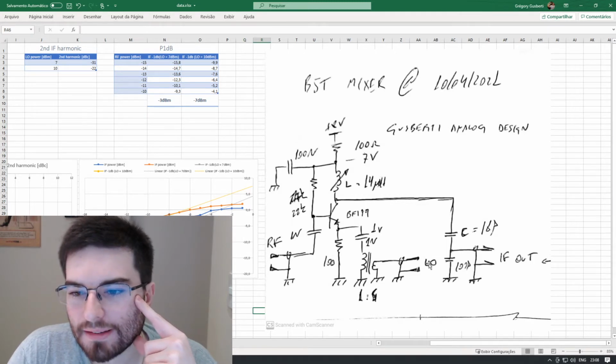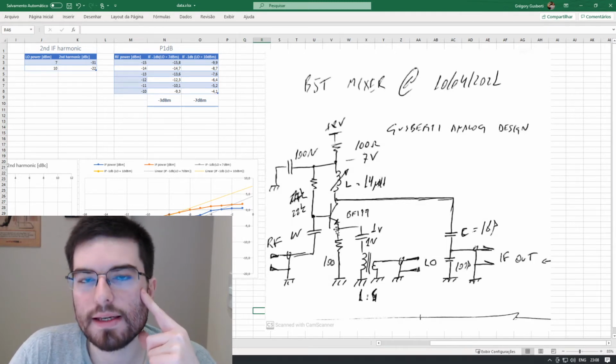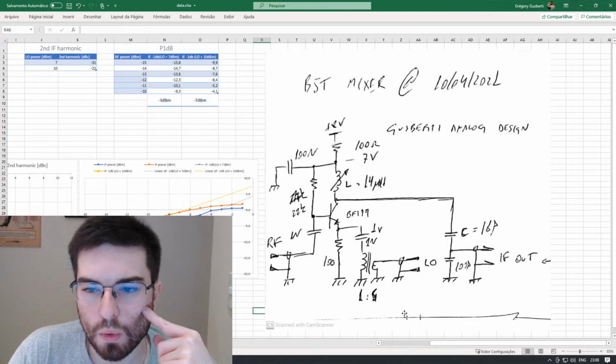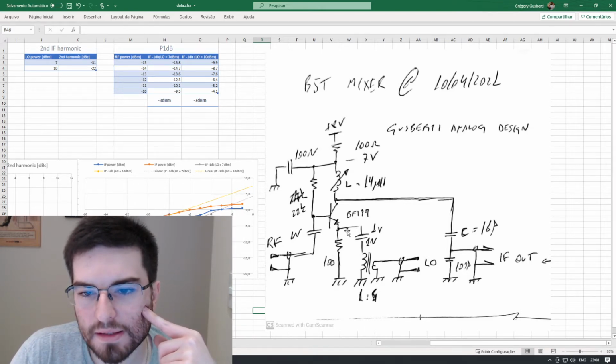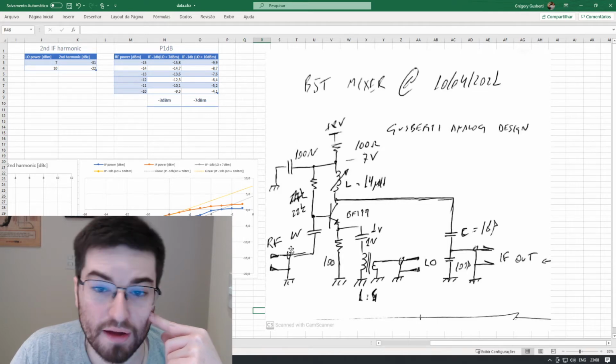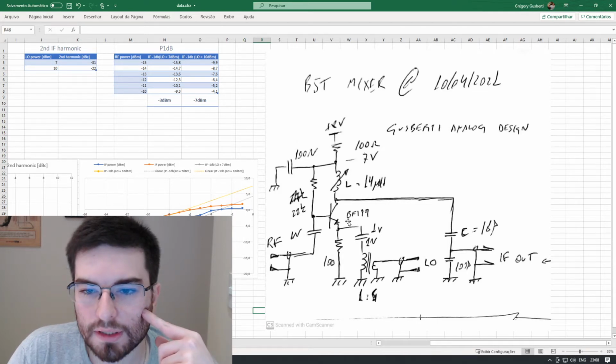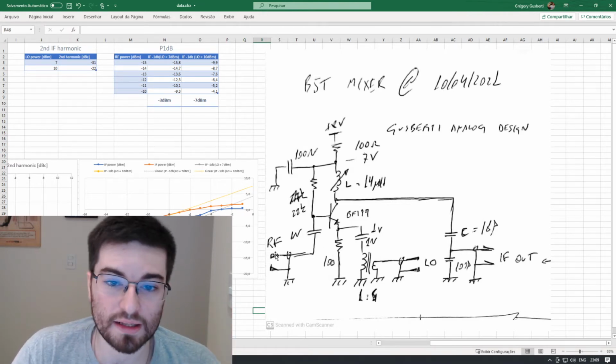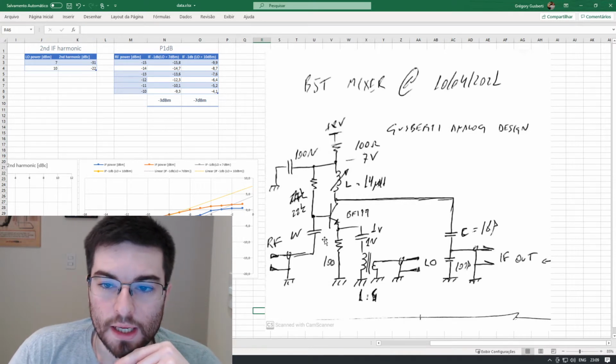We inject the LO power in the emitter, and we inject the radio frequency power in the base of the transistor. What happens is that the base emitter junction will see the difference between the LO and the RF, and the transistor will be excited by the two powers, the LO frequency and the RF frequency.